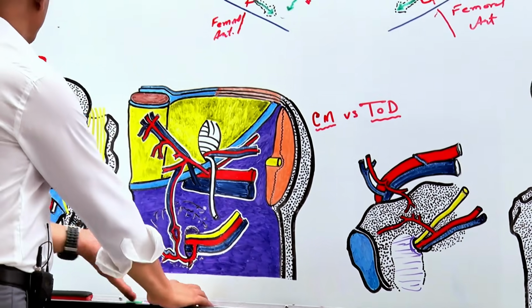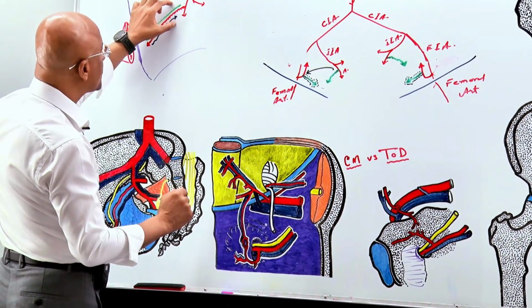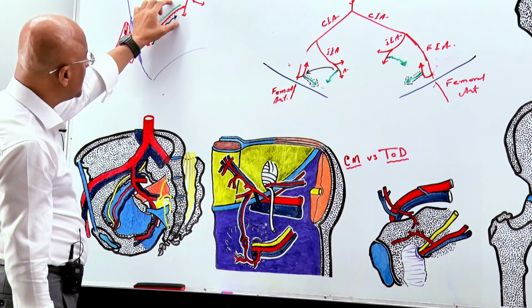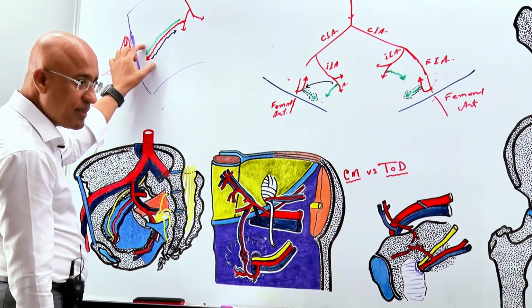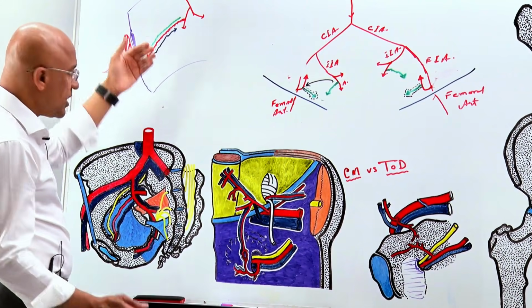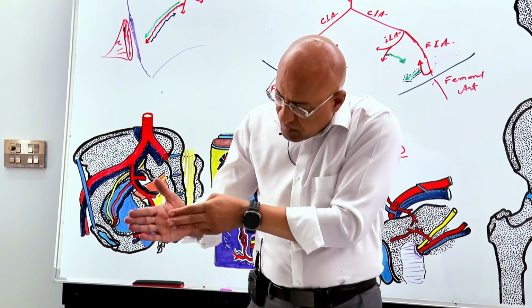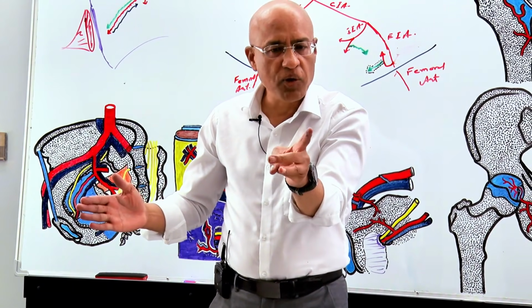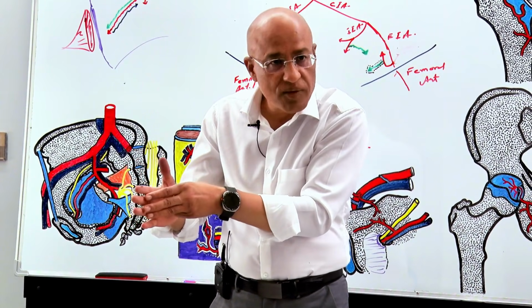So, what we have seen is that these three lizards were basically traveling over the lateral wall, right? If you imagine this is the lateral wall, these three lizards, what is this? Nerve. Below that, artery, and this is vein. They three are going like this.